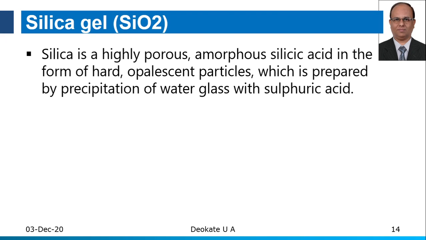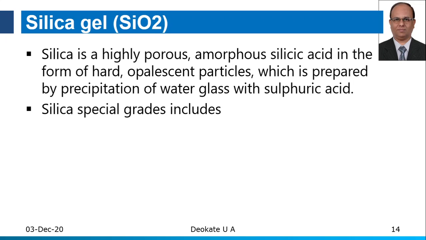The first example of adsorbent used is silica gel. Silica is a highly porous, amorphous silicic acid in the form of hard, opalescent particles, which is prepared by precipitation of water glass with sulfuric acid.